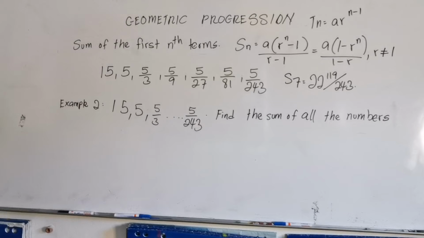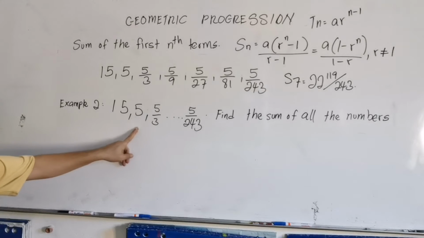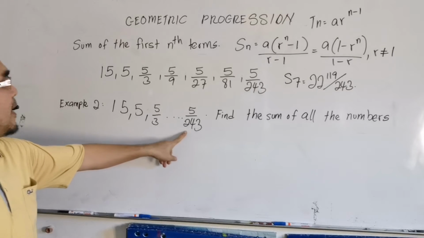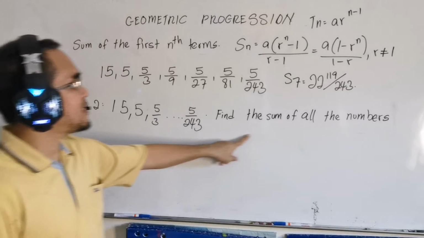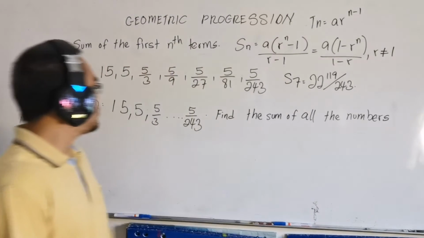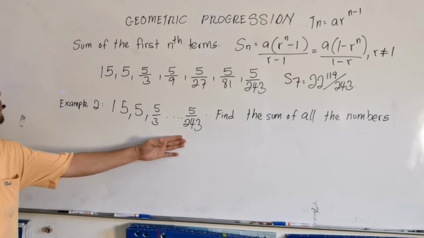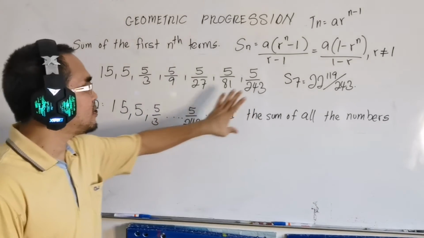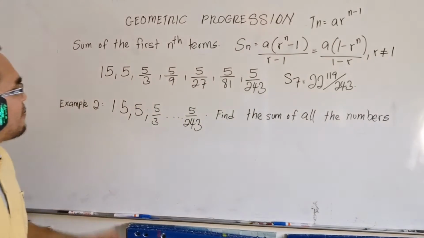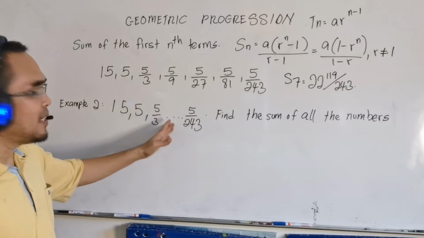Another hypothetical question that I could come up with would be: we have an arrangement of 15, 5, 5/3, and then the last term is 5/243. Find the sum of all the numbers. So how do we know that there are 7 terms here? Because if this number is a very big or very small number, it's impossible for us to complete the arrangement.